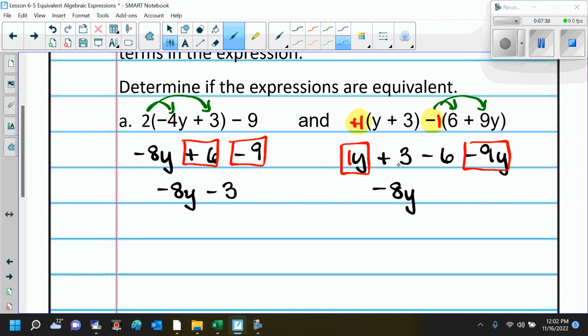And then we've got a positive 3 and a negative 6. When we combine those, what do I get? Negative 3. And so now we compare, and of course we have equivalent expressions. Very good. So yes, these are equivalent.